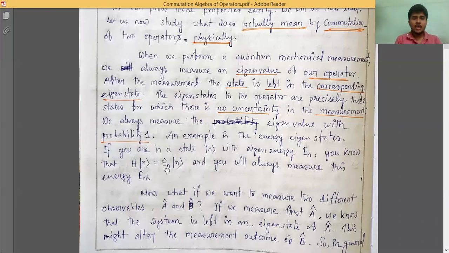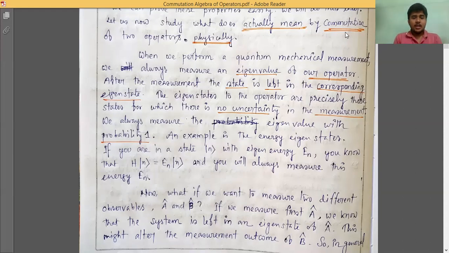That means we expect our result in the entire space to be given with the maximum probability, and that maximum probability is 1.